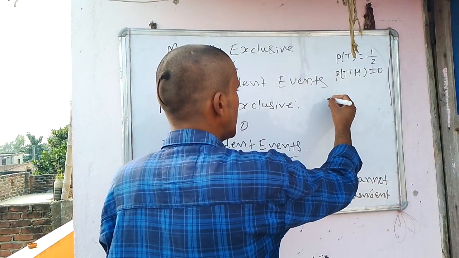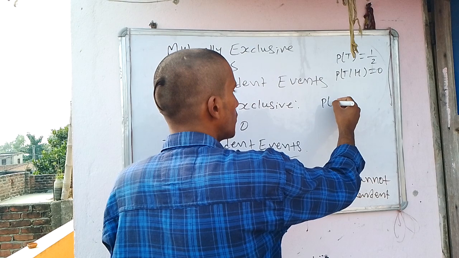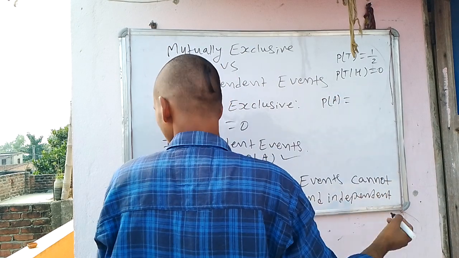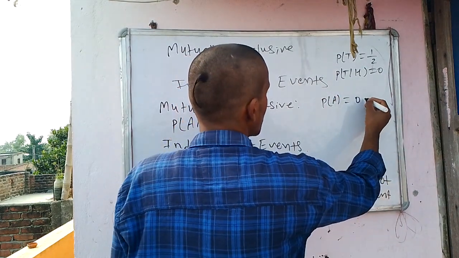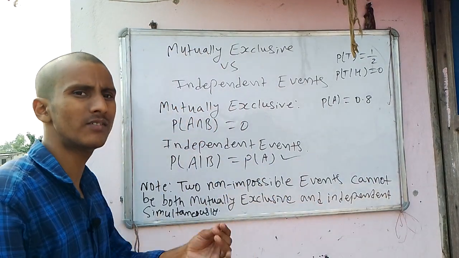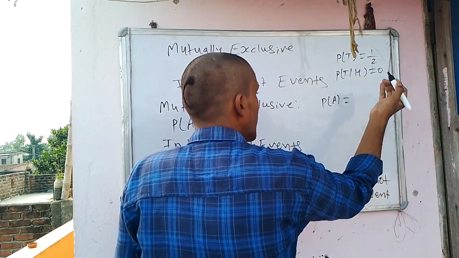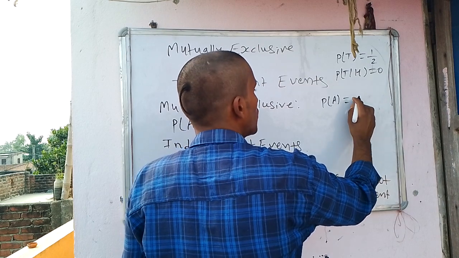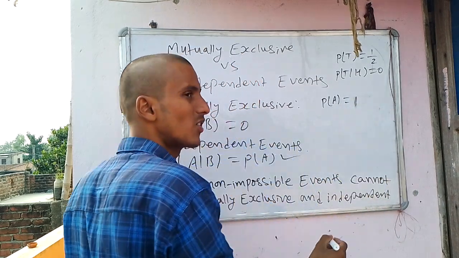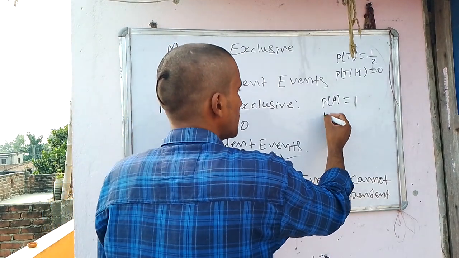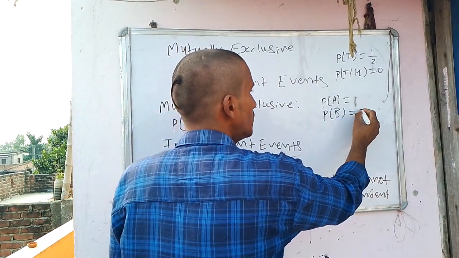Let's say there is event A, and the probability of A is 1, and let's say the probability of B is 0.